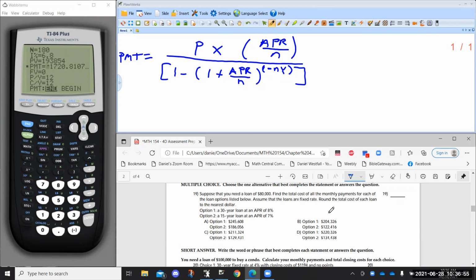So suppose that you need a loan for $80,000. Find the total cost of all the monthly payments for each of the loan options listed below, and assume that the loans are fixed rate.